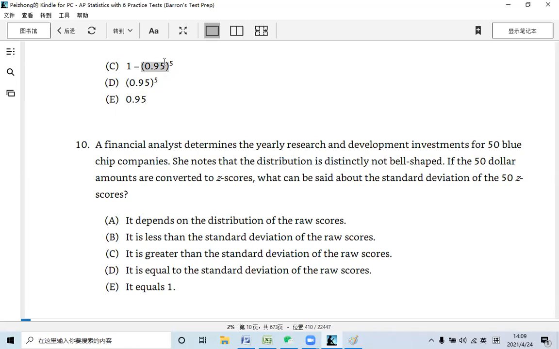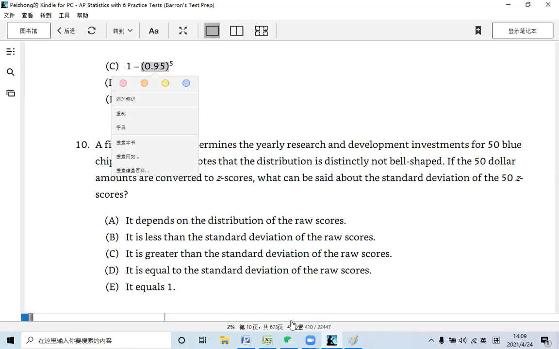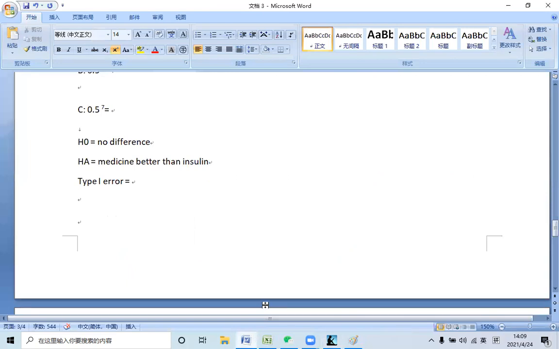This is a complement: 1 minus 0.05 is 95%. So 95% of the times on each trial, you are not committing any.